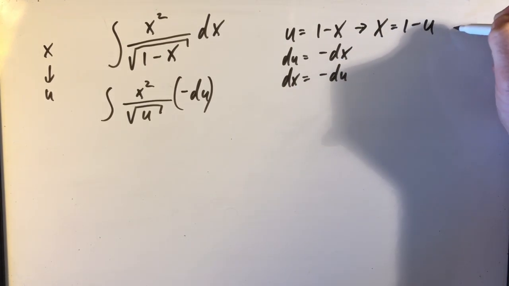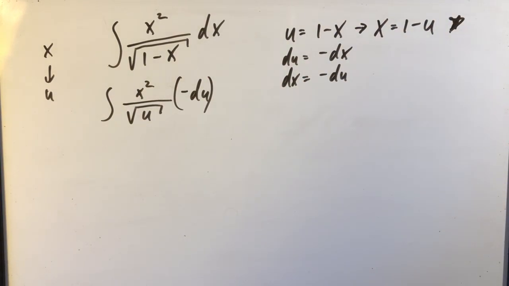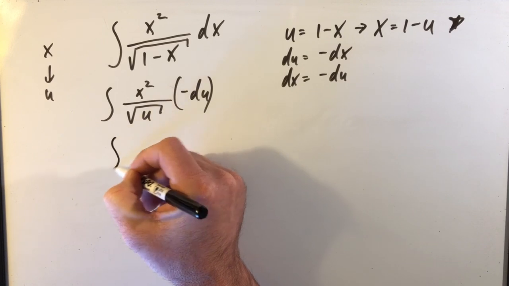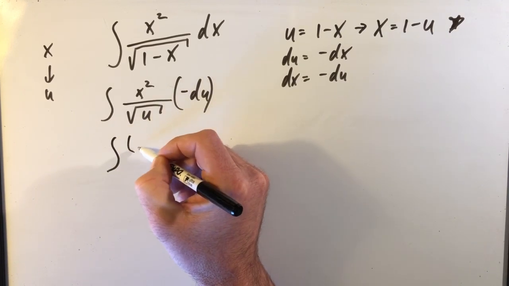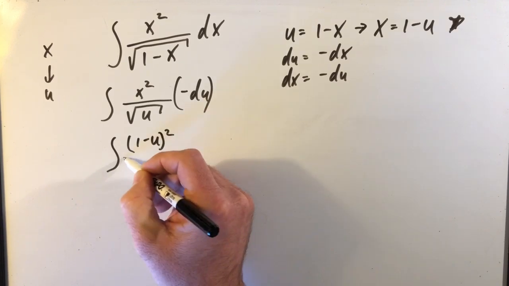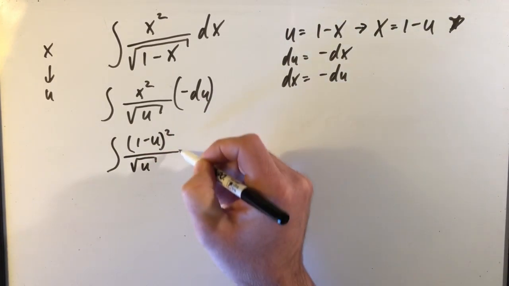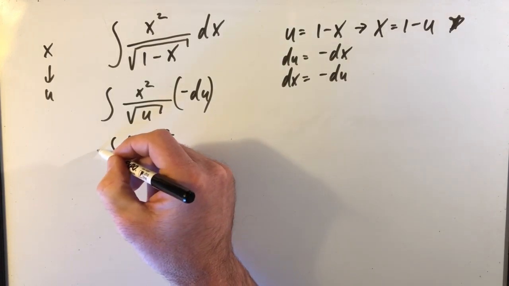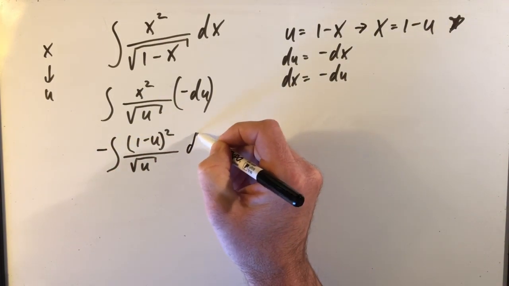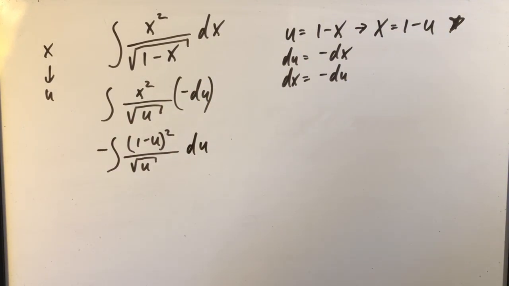Okay, so I'm going to use this guy here to substitute in to get rid of that x there. So I still have my integration, 1 minus u squared over square root of u, and I have a minus sign out here. I'll just carry it like that, du. That guy just goes to the front.